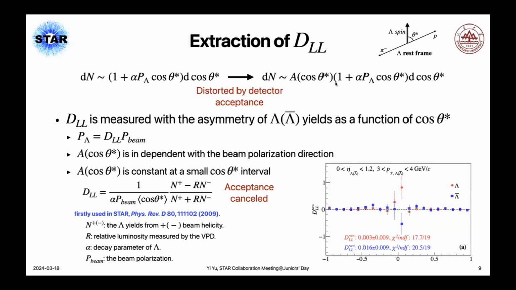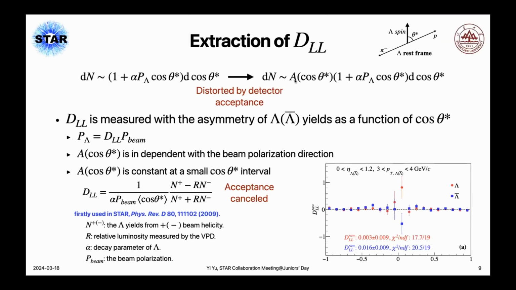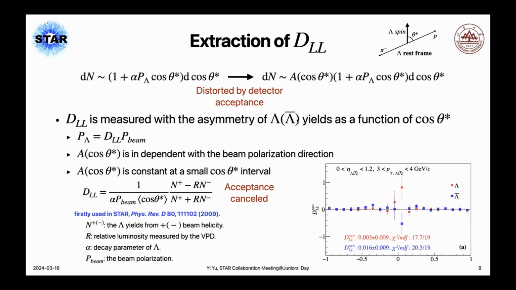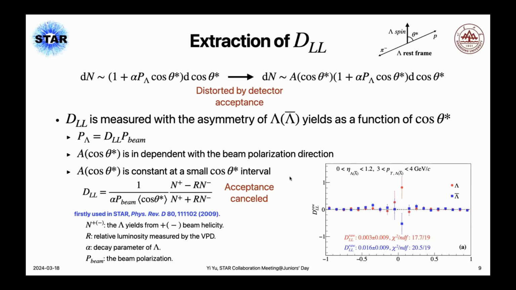So in the measurement, we did not directly measure the polarization of lambda based on this equation, but we measure the DLL in small cosine theta star bins, as the DLL is the spin transfer from the beam to the lambda, and also the acceptance is independent of the beam polarization.